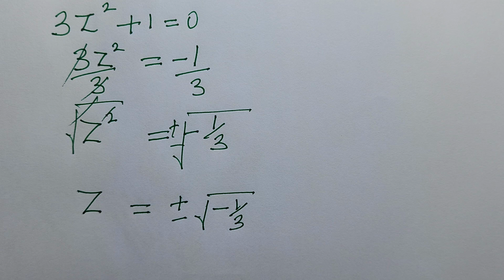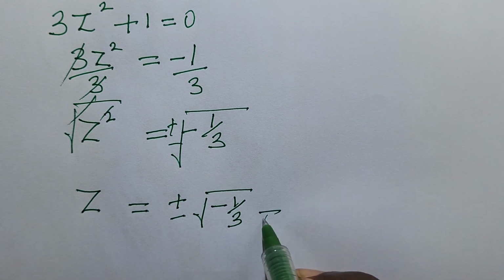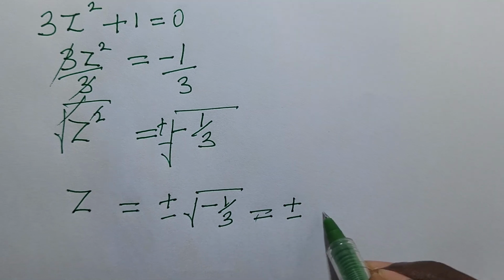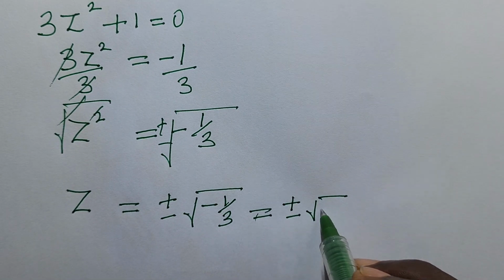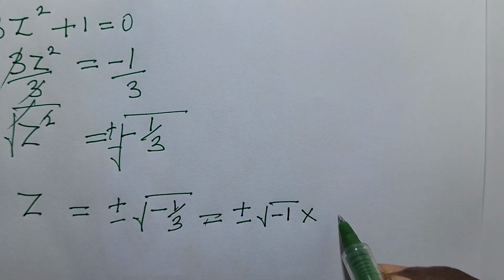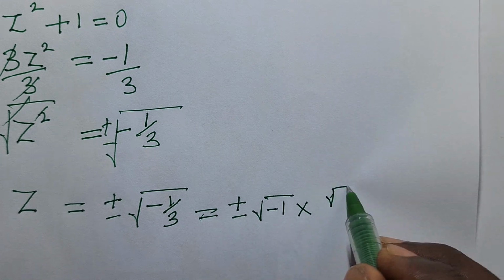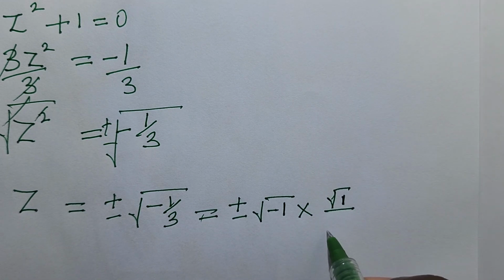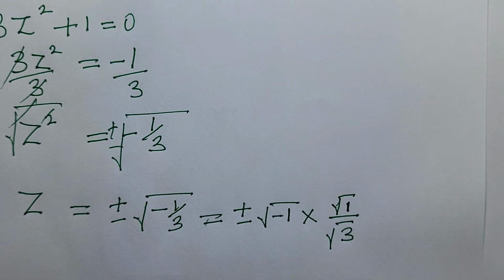Now, we know that this expression can be written as plus minus the square root of minus 1 times square root of 1 all over the square root of 3.